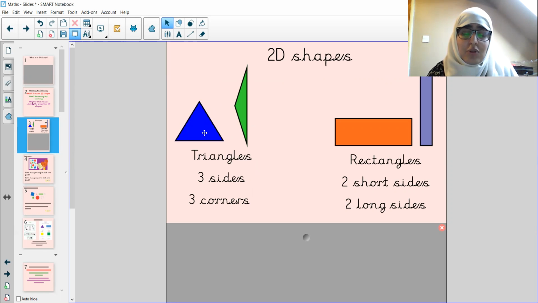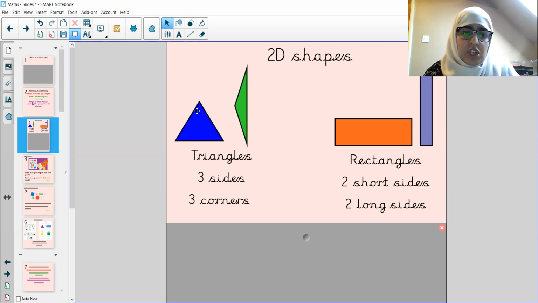Hopefully you're saying they look a little bit different. I know they're two different colours, one's green and one's blue, and they look a little bit different, but the properties of the shape are still the same. That's why it is still a triangle.